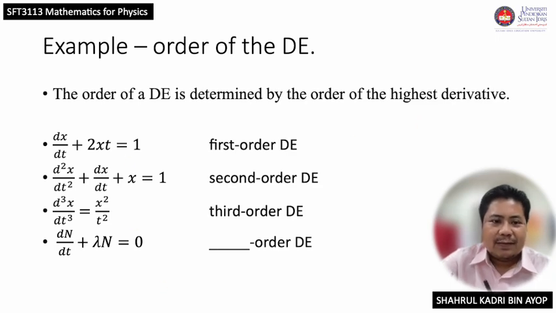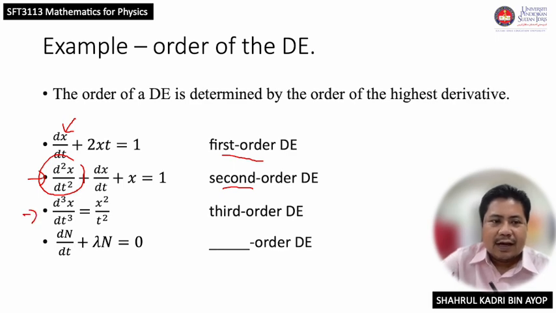For example, here you can see the highest is the first derivative. So we call this equation a first order differential equation. If we look into the second equation, the highest is the second derivative. So we call it a second order differential equation.